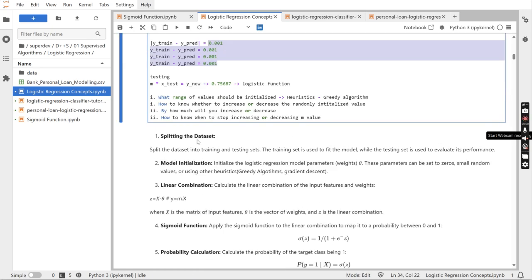Once that happens, you know you have the best m. You take the m, multiply with x test, and you get the new prediction. This prediction is also not the exact prediction. You have to pass it again to the logistic function to get the final value. On the basis of the threshold, you can classify them into certain classes.